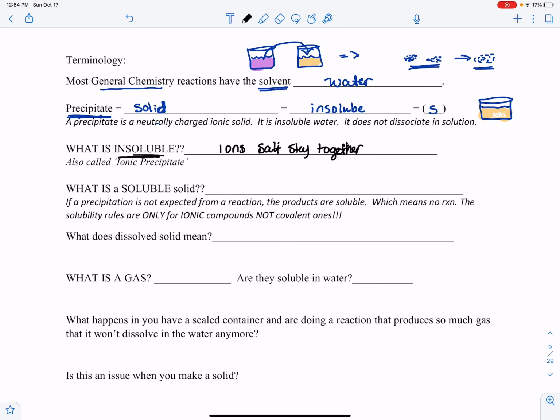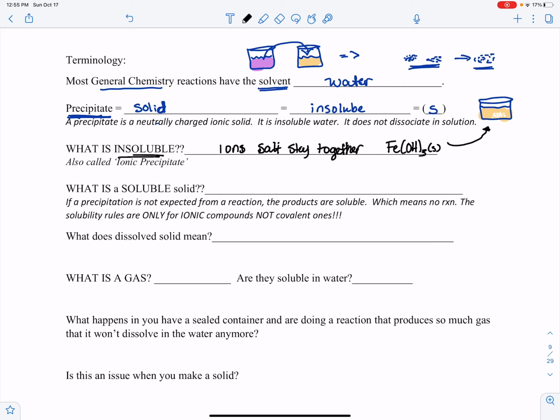An example might be iron oxide. These two ions are fairly strongly bonded, and water's not going to pull them apart. So we would put an S here, and it would look like a little pile of something at the bottom. You would never be able to get it to dissolve in the water. So it's important to know that insoluble is when the ions stay together.